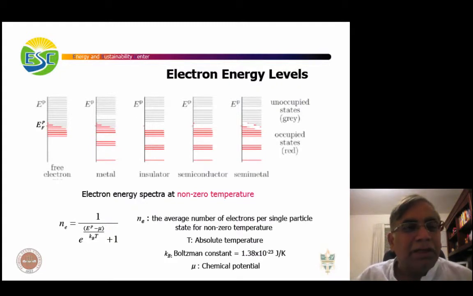Now, the average number of electrons for a single particle state at non-zero temperature is given by this expression here, where epsilon_p is the energy of the particle, mu is the chemical potential, and the denominator is the exponential of that difference over the Boltzmann constant times the temperature, plus 1.